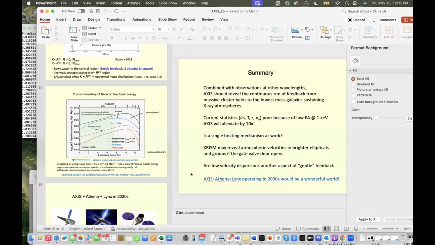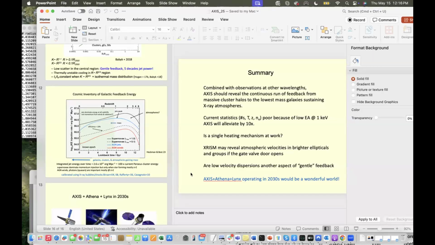For example, cosmic ray heating, I'm looking more into the radio for that, and it's very hard to see a direct indication of that in the X-ray. And in terms of the turbulent dissipation timescale, a lot of that depends on subgrid physics, so I think it's a theoretical issue that needs to be addressed.